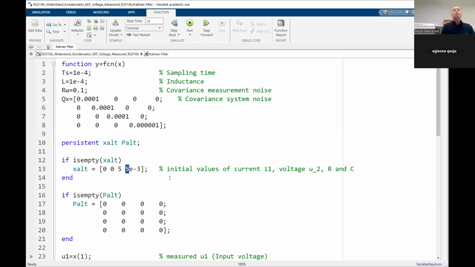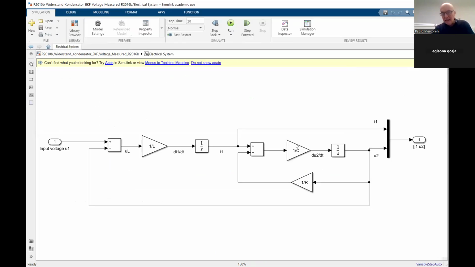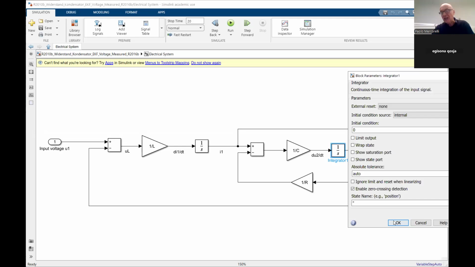Current and U2, I don't know. We have to look in the Simulink. We can see, and then Simulink directly now. I put 0, 0, and here we have for U2 0. I don't share, but believe me, and for the current 0.